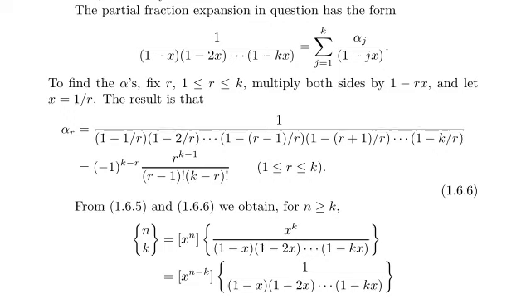To find all of the alphas, we fix r between 1 and k, multiply both sides by 1 minus rx, and let x equal 1 over r.